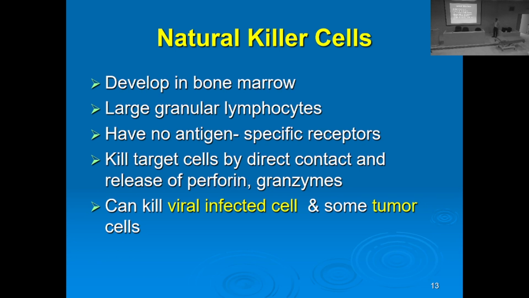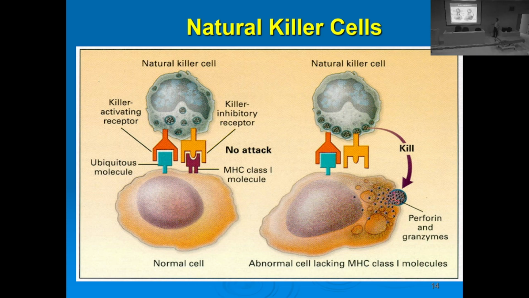Okay? Now, how do they work? They do not have a receptor that is specific of a pathogen, but they kill some pathogens. Why? Because they have this system. As I told you yesterday, one of the mechanisms of evasion of the viruses is to lower the level of expression of MHC class 1. Why is it important for the survival of the virus?